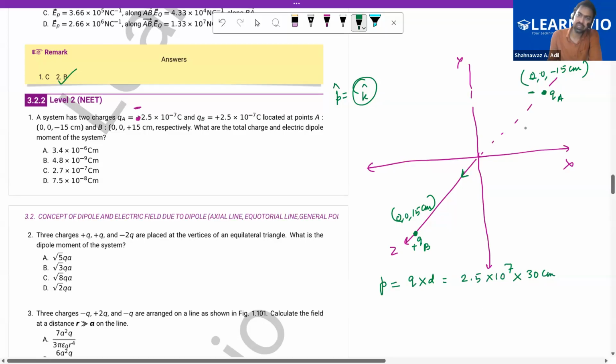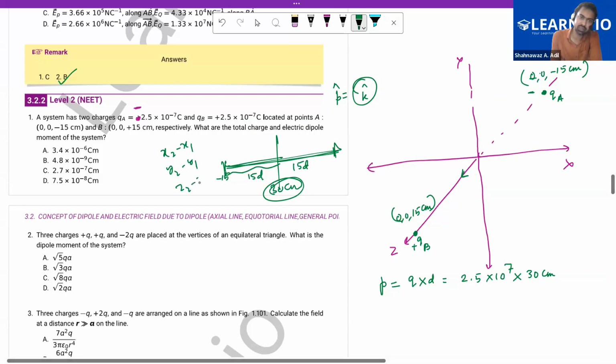Let's say from here to here is 15, and this point is minus 15. So from here to here you have 15 distance, and from here to here you have 15, so the total distance would be 30, right? Or we can think about the distance in this way: x2 minus x1, or y2 minus y1, or z2 minus z1.